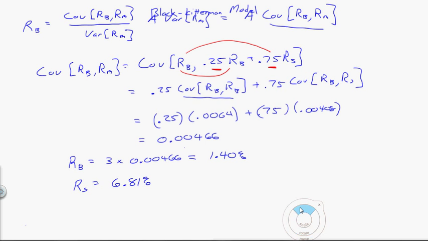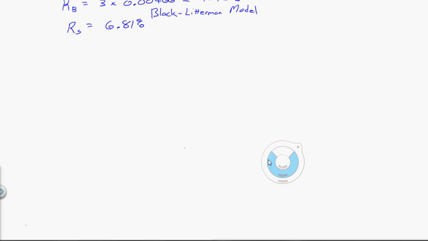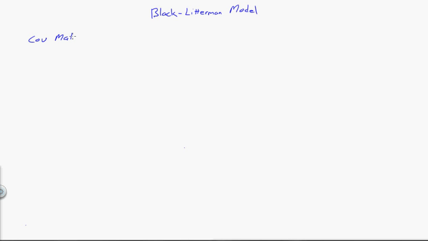So this is what we now have. We need to have the covariance matrix as an input to the model. So bonds, stock, that's 0.0064, 0.00408, and 0.0289, and then the return on the bonds is equal to 0.140.